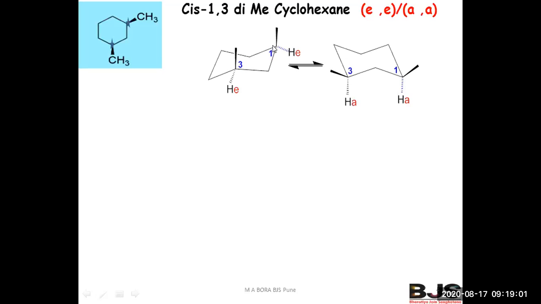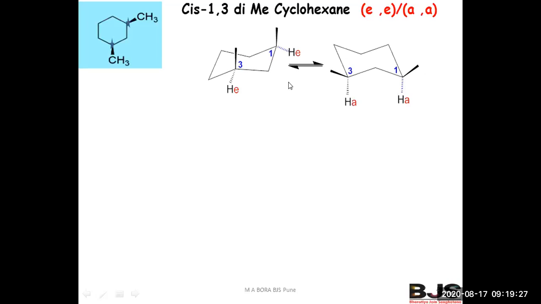So the relation between these two methyls, which are cis with respect to each other at the 1,3 position, comes to be diaxial. If I flip this particular chair, then I'll find that the first carbon methyl is still beta, but it has become equatorial, and the third carbon methyl is still beta, but is again equatorial.